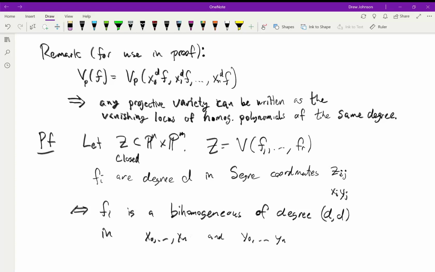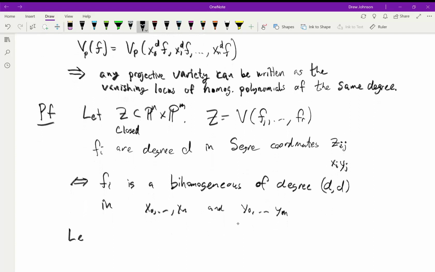So once again, the x's are the coordinates on Pn, the y's are coordinates on Pm, so you can think of these Fi's as polynomials where each monomial has degree d in the x's and also degree d in the y's.